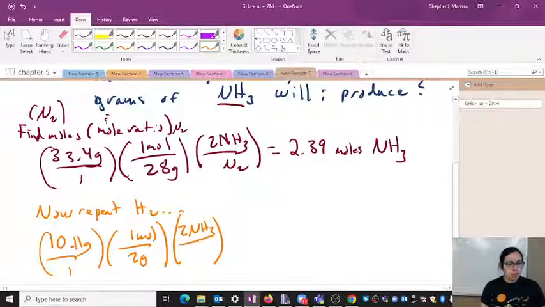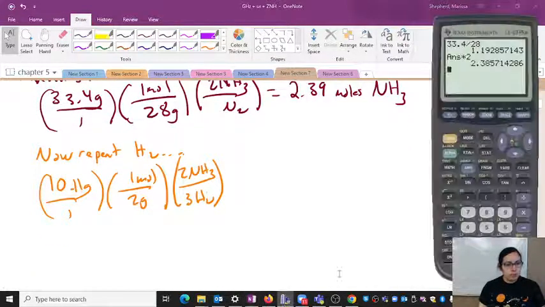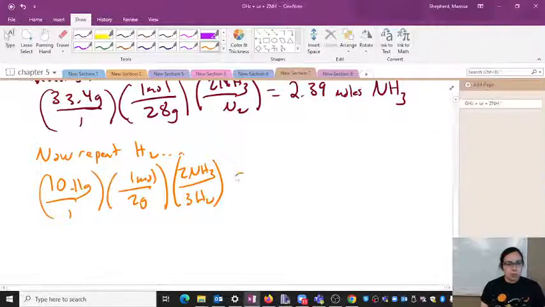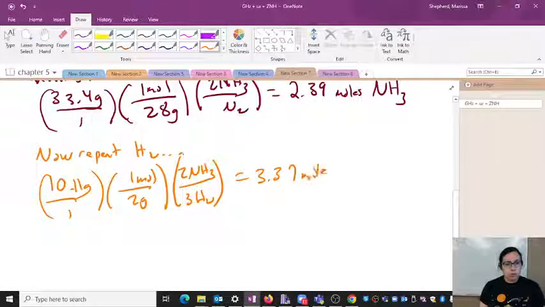So 2NH3 over 3H2. So 10.11 divided by 2 times 3 divided by 2. And so I get 3.37 moles of ammonia.